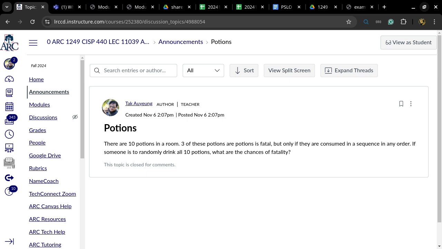So if you consume A and then some other potion and then B and then C, not a problem. But as long as these 3 are consumed consecutively, ABC will kill you, ACB will kill you, BAC will kill you, and so on. So the ordering within these 3 is not important. Are we good so far?